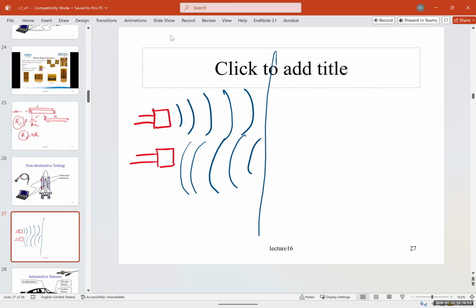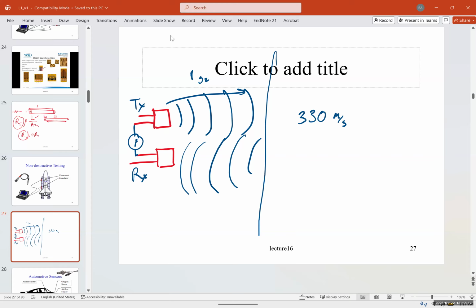Now, the way that we calculate the distance is that we know that the speed of sound is like 330 meters per second. And if it takes 1 second for the sound to go from the transmitter and get back to the receiver, and we have a timer clock here in the microcontroller.